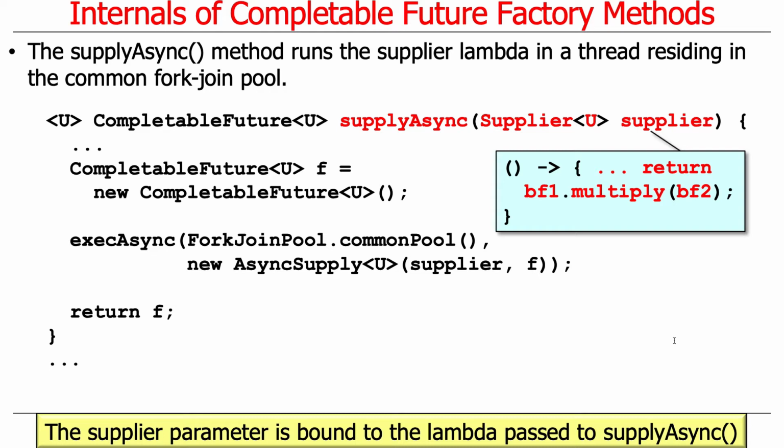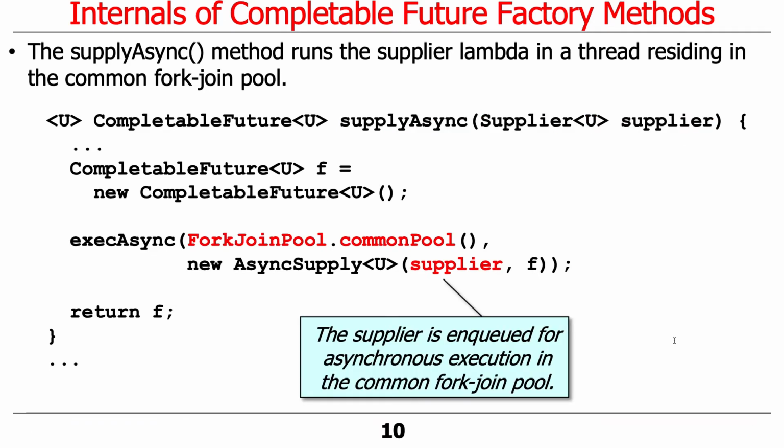This is what's bound to this supplier using the magic of Java lambda expressions. And then it takes that supplier, it wraps it up in a class called AsyncSupply, which is a nested private class inside of the CompletableFuture surrounding class. And it's going to go ahead and schedule this thing to be executed on the common fork join pool.